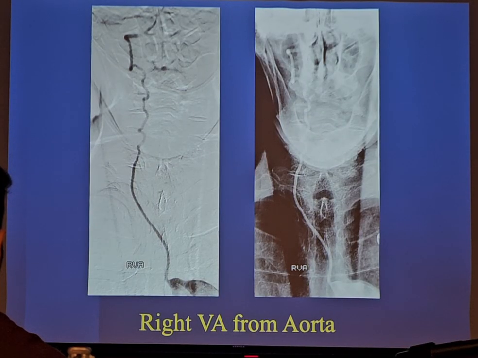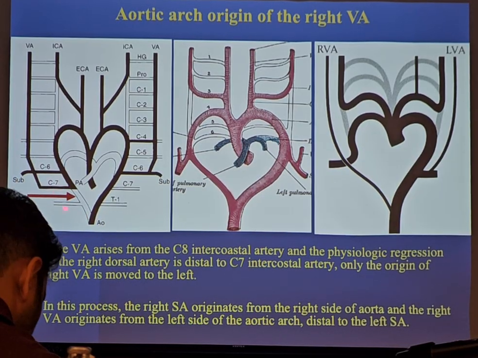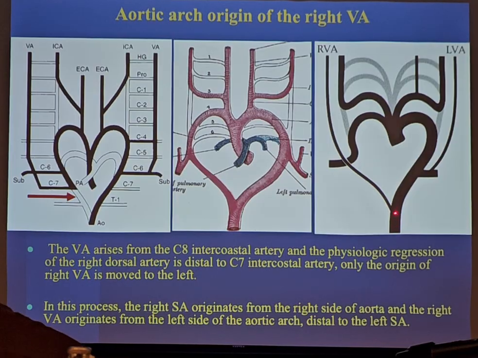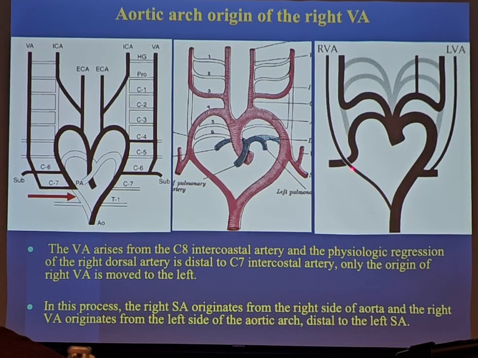This is unusual, right? It's a complex process, but probably one of the connections did not happen, so the remaining dorsal aorta continues as the vertebral artery. This is a segmental artery of thoracic T1 or T2 continuing to become a right vertebral artery in this way.